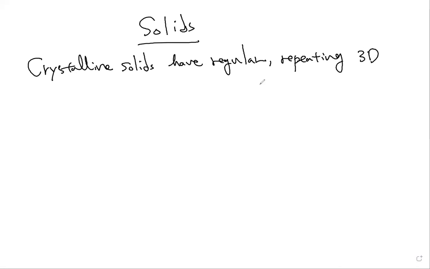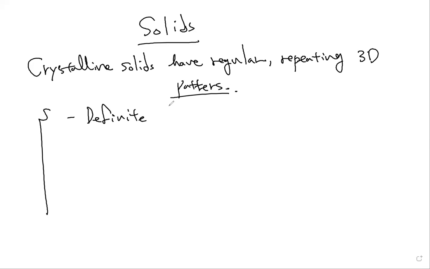Solids basically have some properties. The first property is definite shape.